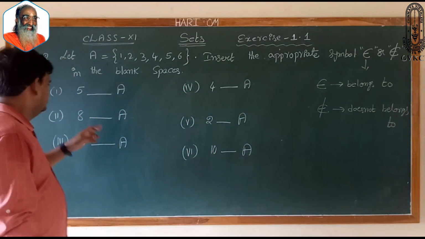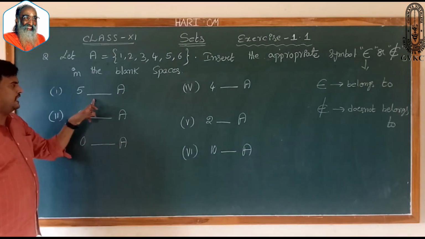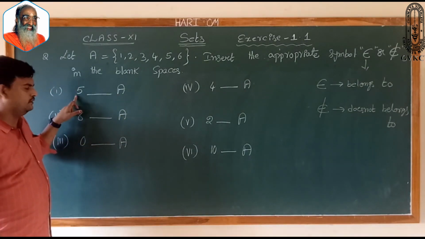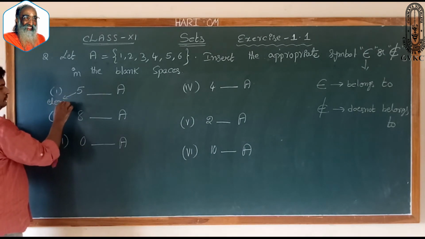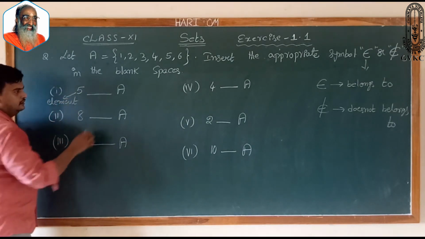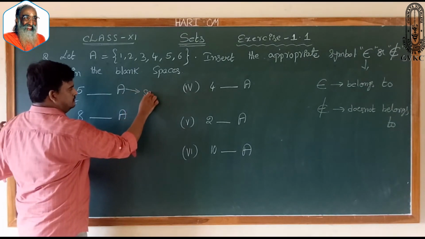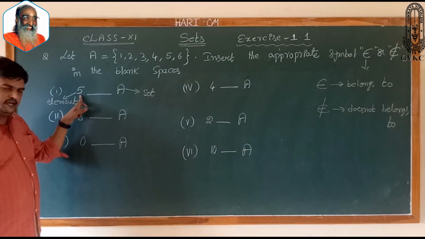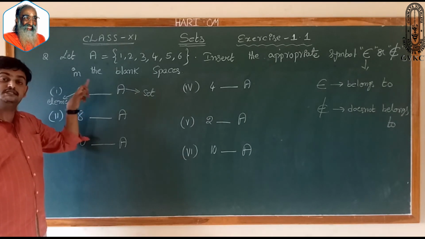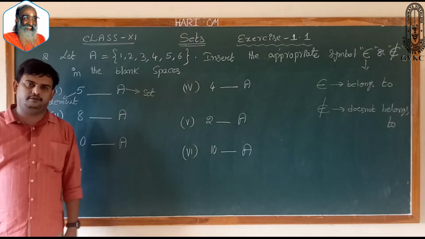How can we write it? That we can observe. First blank, 5 and A. Here 5 is called an element, and A is called a set. Now, is 5 in set A or not?